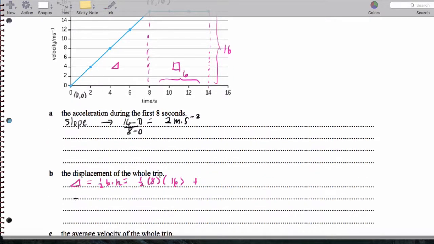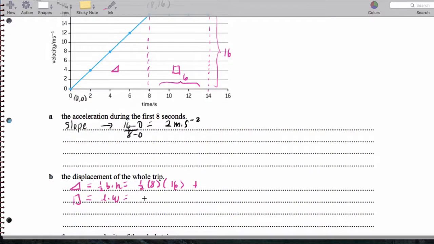Let me just be clear. The rectangle area is length times width, which is 6 times 16. So we're going to end up getting 64, and this part here is 96.